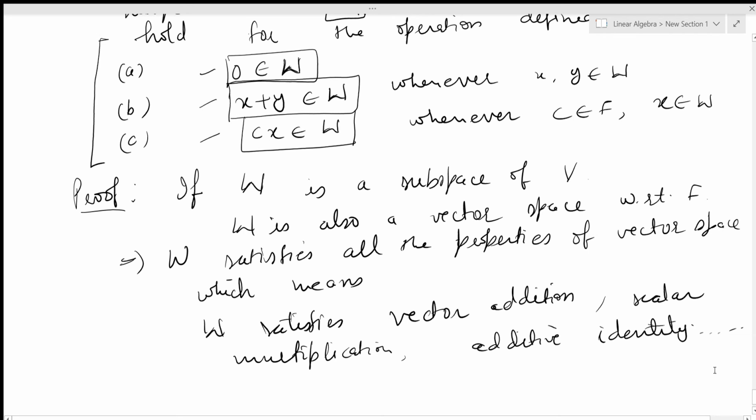So guys, just see the statement. Vector addition is this one, that means W satisfies this. Scalar multiplication is this one, that means W satisfies this.